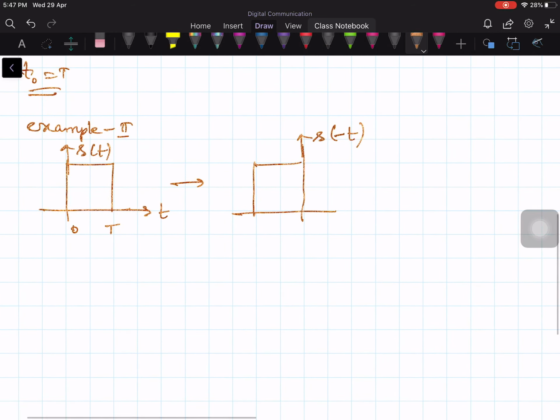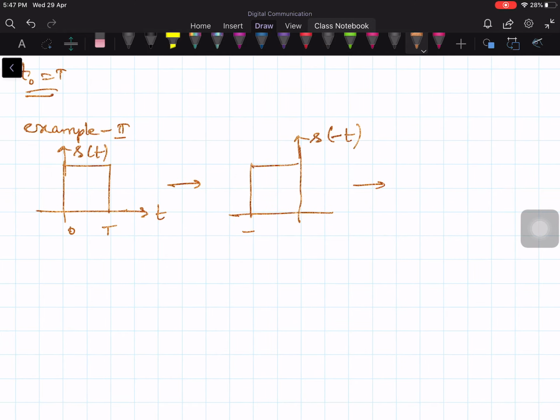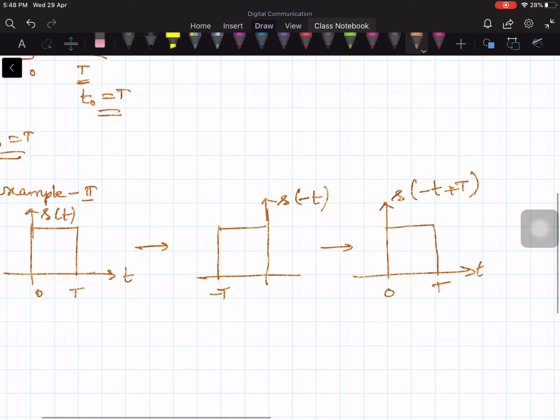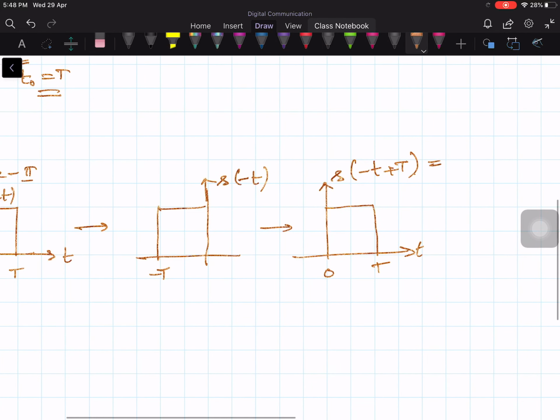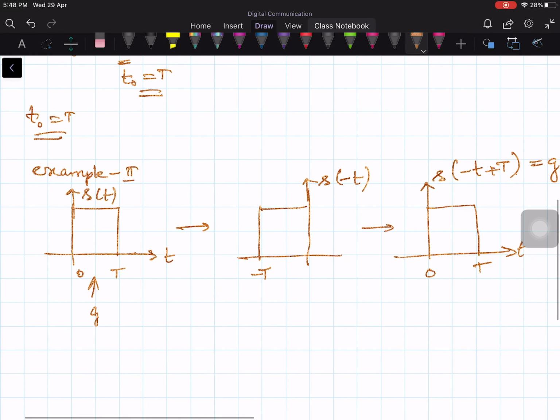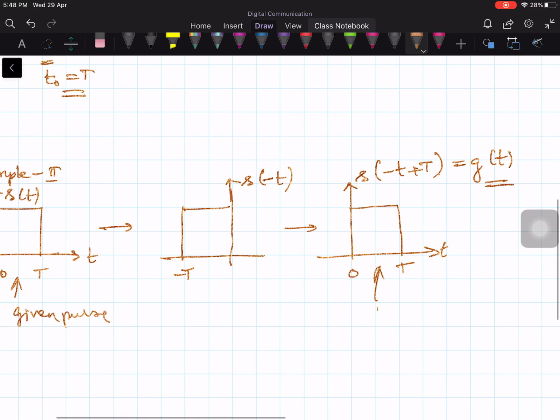The second step is to shift by t naught seconds to the right. Again it looks the same, so there is no difference in the shape. So S of minus t plus capital T. This is your impulse response of the matched filter for the given pulse.